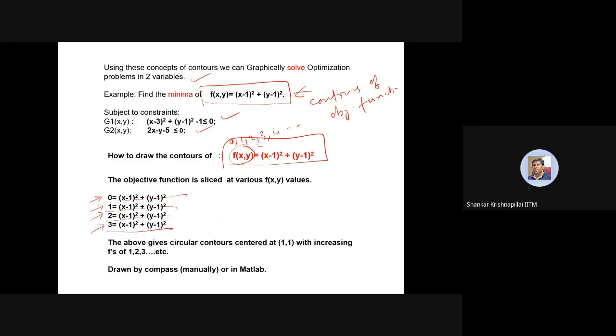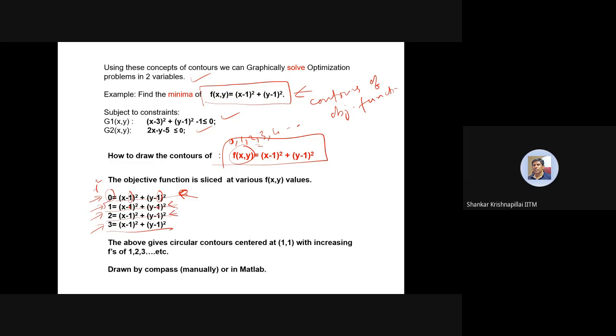For this particular example, if you look carefully, this is the equation of a circle with center 1, 1. And this is actually r squared, the radius. The first slice is okay. Let us look at the second slice. The second slice is a circle centered at 1, 1 with a radius of √1.